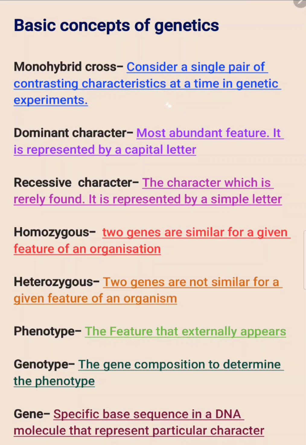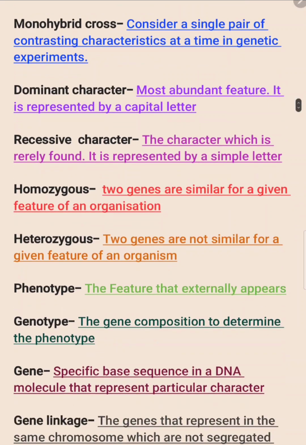For example, for the pea plant, we can take tall and dwarf at one time. In a second experiment, we can take the color of the flower. Likewise, you have to take a single characteristic at a time.